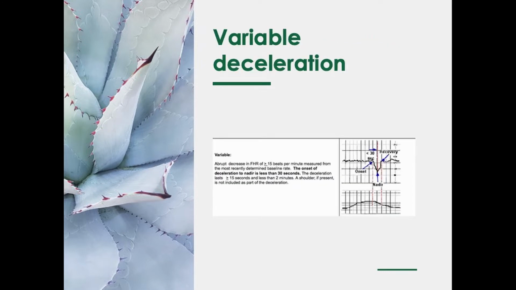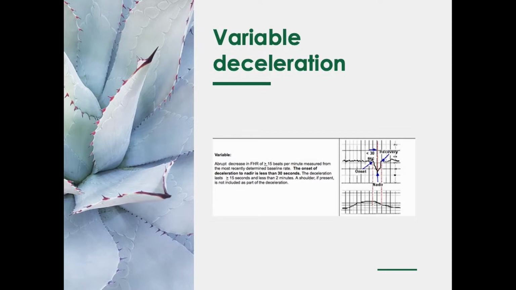Okay, great. A variable, I know I'm harping on this, but a variable looks like a V, sharp decrease, an abrupt decrease in fetal heart rate of 15 beats per minute. If the deceleration is less than 15 beats per minute drop from baseline to nadir, it is not a variable. There is no terminology for that. I don't know what to tell you to call them, but don't worry about them. They don't matter.